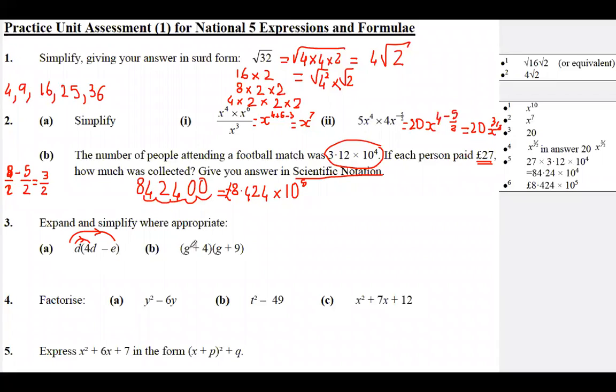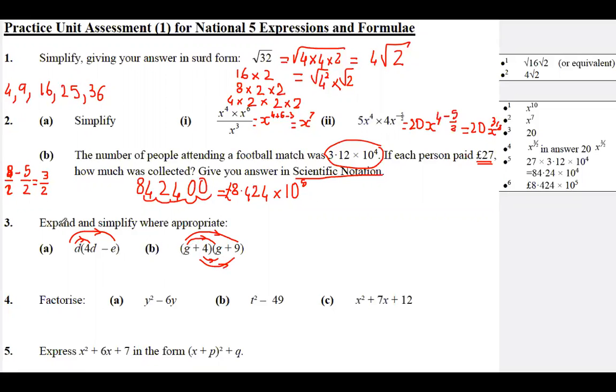For the second one, you need to multiply G with G and G with 9, so 9G, and then we finish it off with 4 times G and 4 times 9.